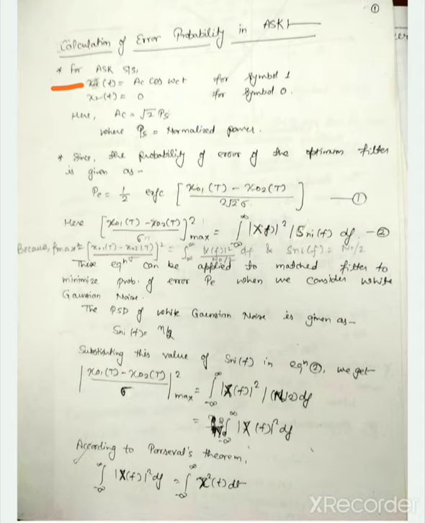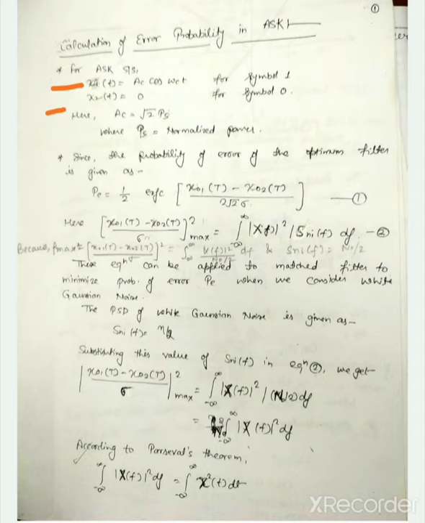And if we have to transmit symbol 0, then for that case we know that the equation of ASK is given by x2(t) equals 0. That is why this type of digital modulation technique is also known as on-off keying, because for symbol 1 we will be getting a signal, but for symbol 0 there will be no pulse.